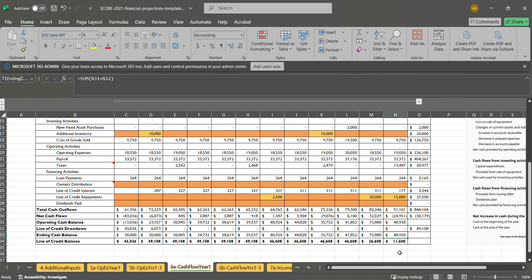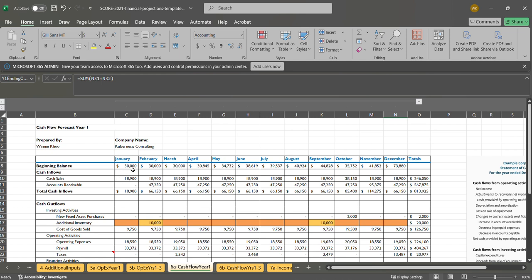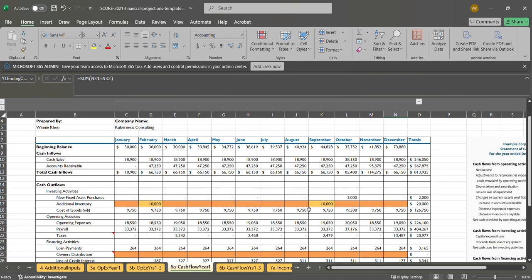So we basically completed the cash flow for year 1. We're seeing, as we're moving through the year, as we're making more sales, we're seeing how all of these sales, all of these expenses that we have to pay for, how it's actually affecting the overall cash flow throughout the year, ending in December.